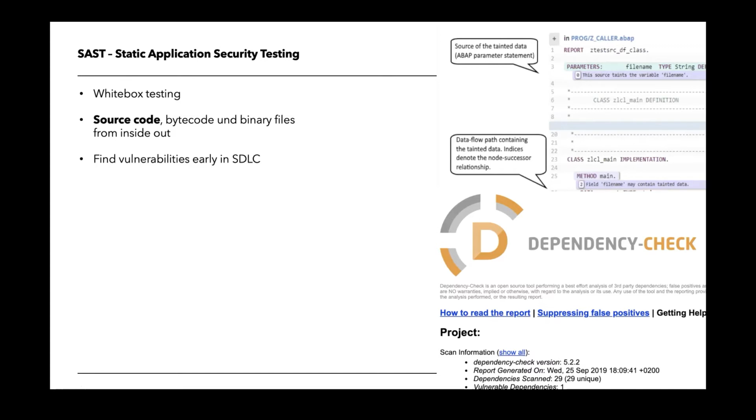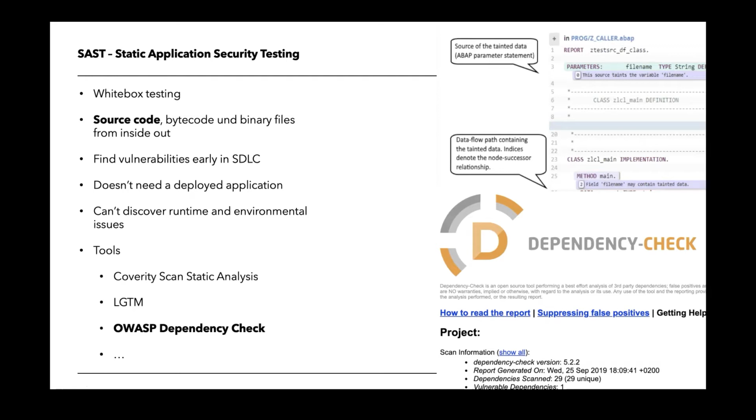You can find vulnerabilities early in the SDLC, and it doesn't need a deployed application. And it can't discover runtime and environmental issues due to the fact that you do not verify a running application.